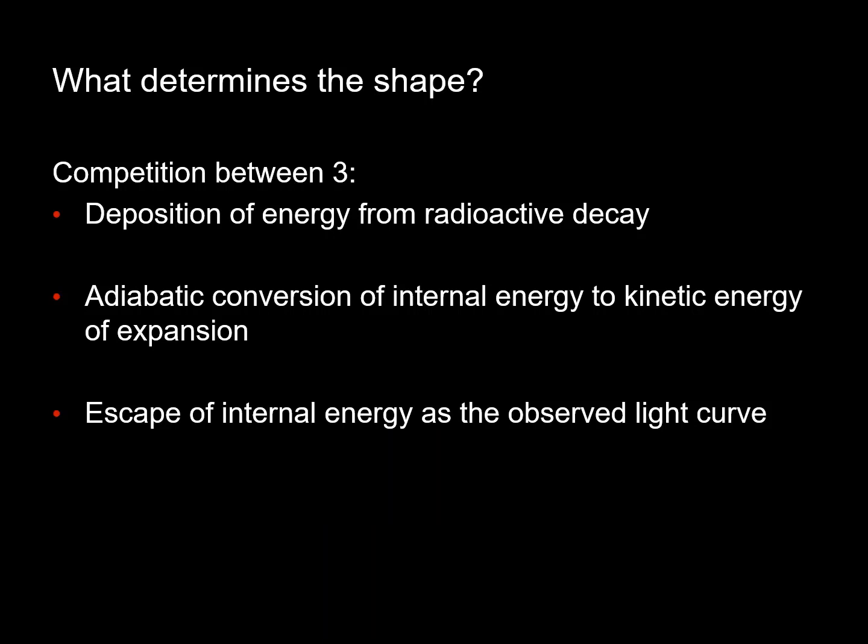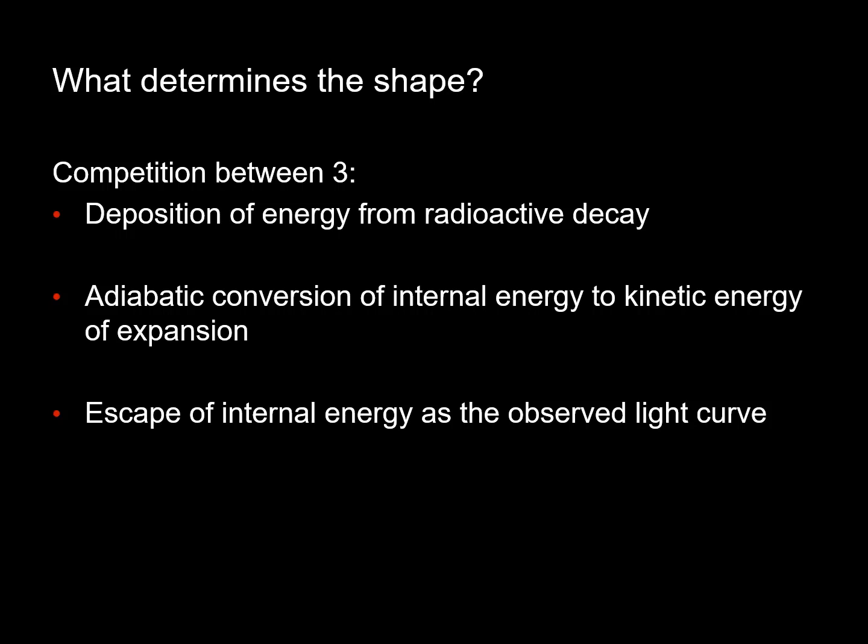Now, having discussed various parameters of light curves, let's see what actually determines the shape of our light curve. The shape is decided by competition between three factors. These are energy from radioactive decay, which is that of gamma rays from capture processes of nickel and cobalt, and the kinetic energy of positrons, which result from decay of cobalt, and also annihilation of gamma rays.